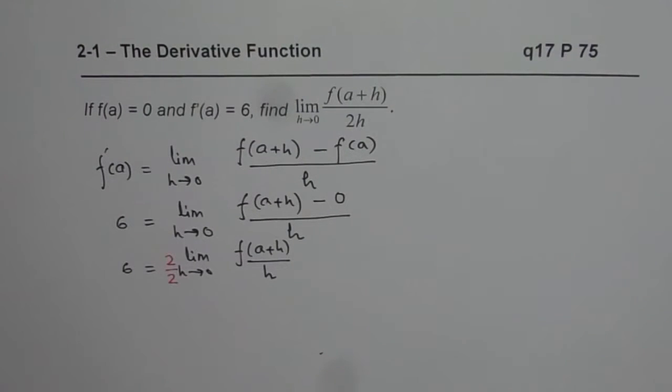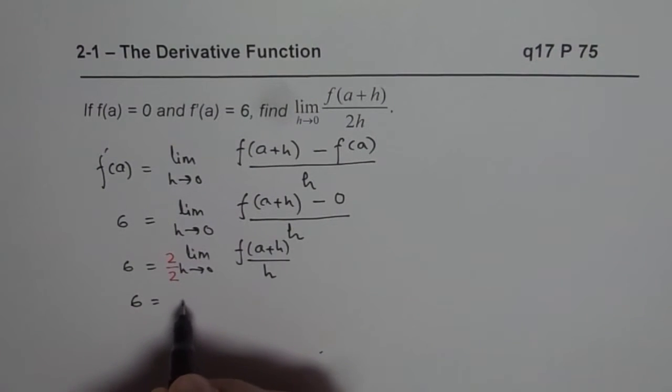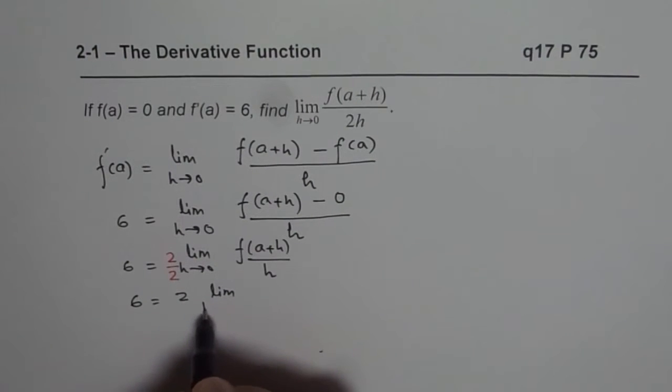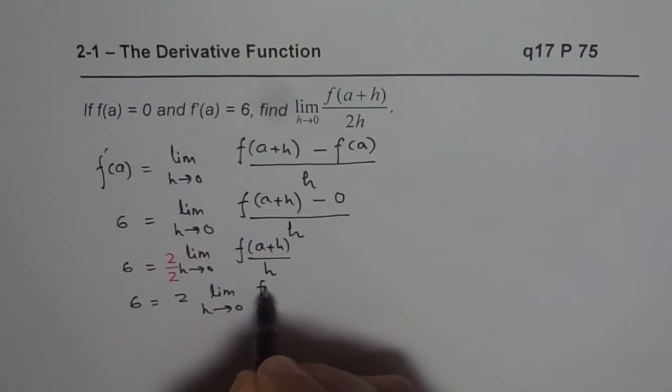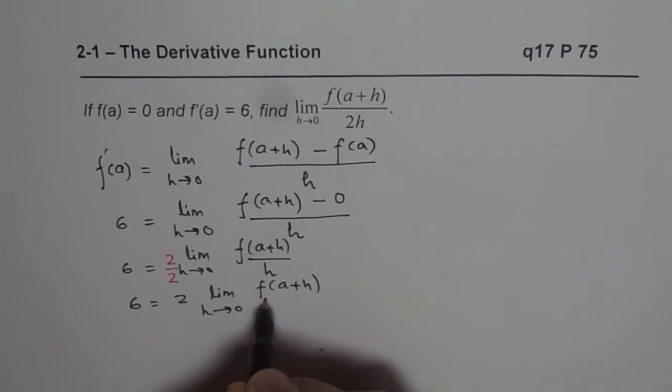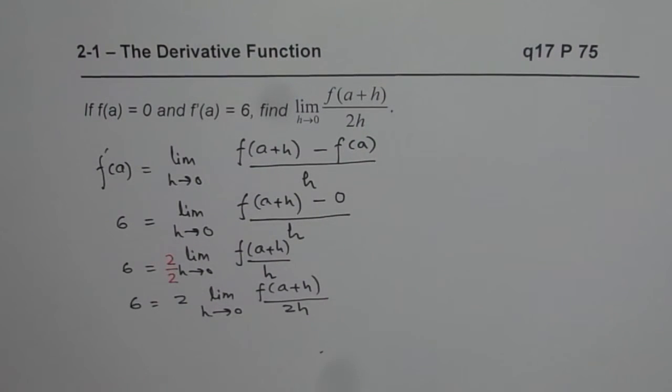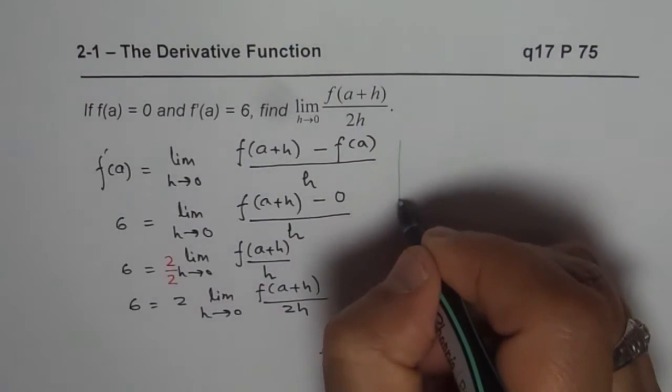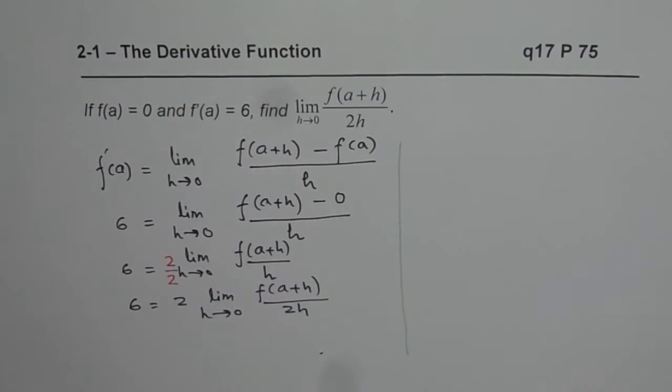In that case, we can rearrange our equation and write this as 6 equals 2 times the limit as h approaches 0 of f(a + h) over, taking this 2 inside, 2h. So we get the expression which we already had, correct? And now from here you can get your answer. I think the answer is apparent from here, correct?